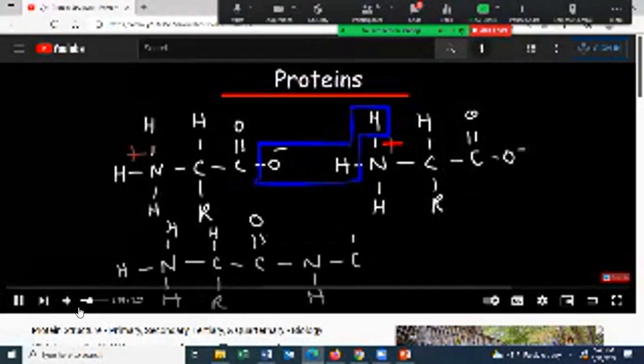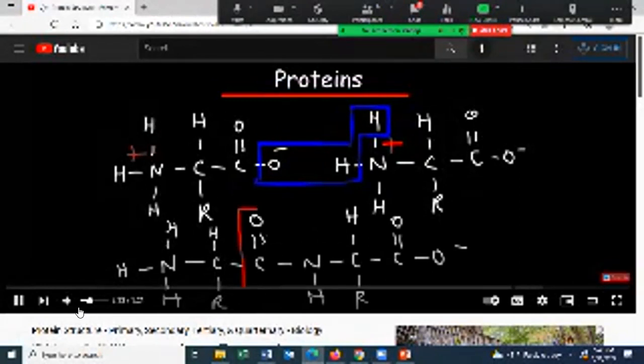We lost two once we lost water. So this is a dipeptide because we have two amino acids combined. And so this amide bond that we see here, that is the peptide bond. We formed a bond between the carbon and the nitrogen atom.